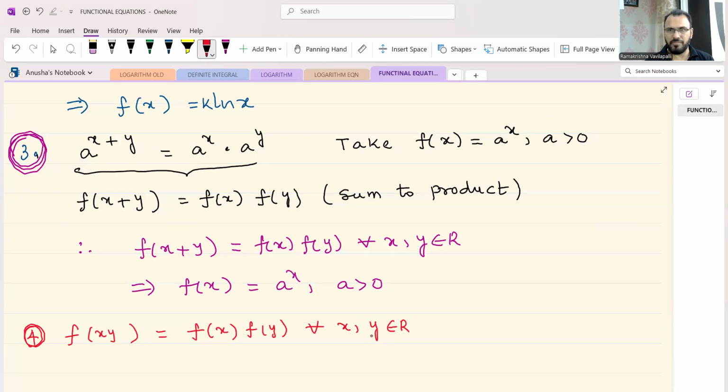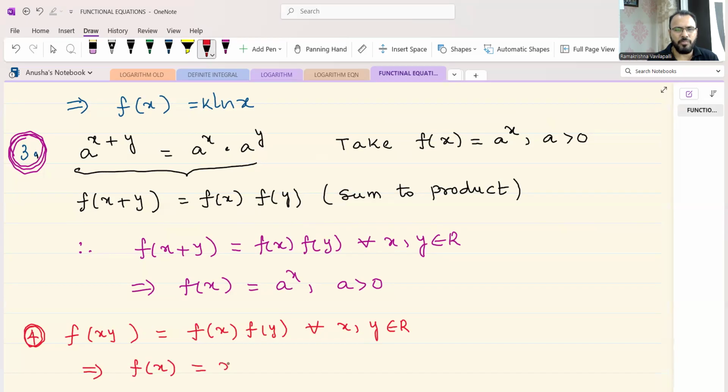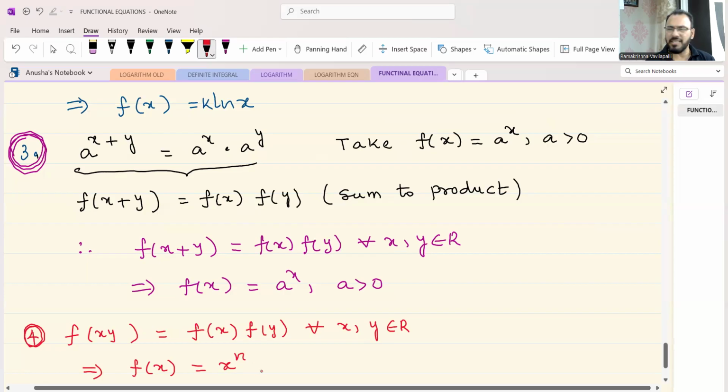No, sorry, R. Then this implies that f of x equals x to the power of n, where n is not necessarily an integer.